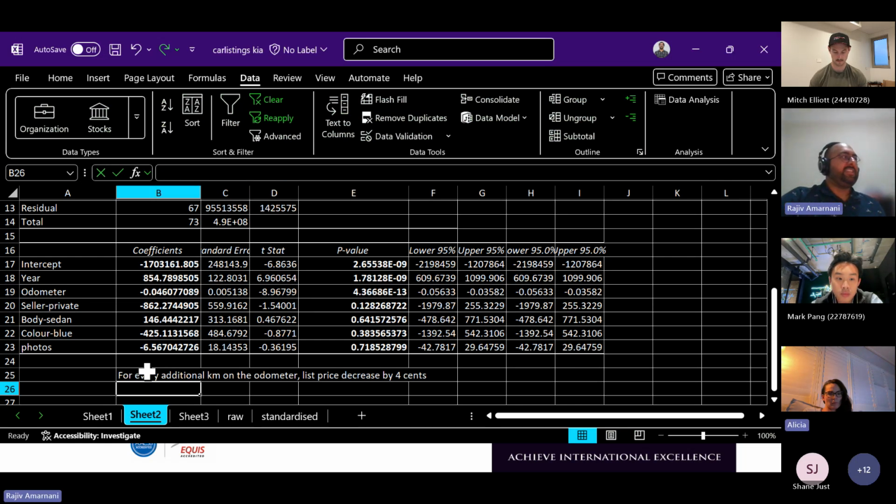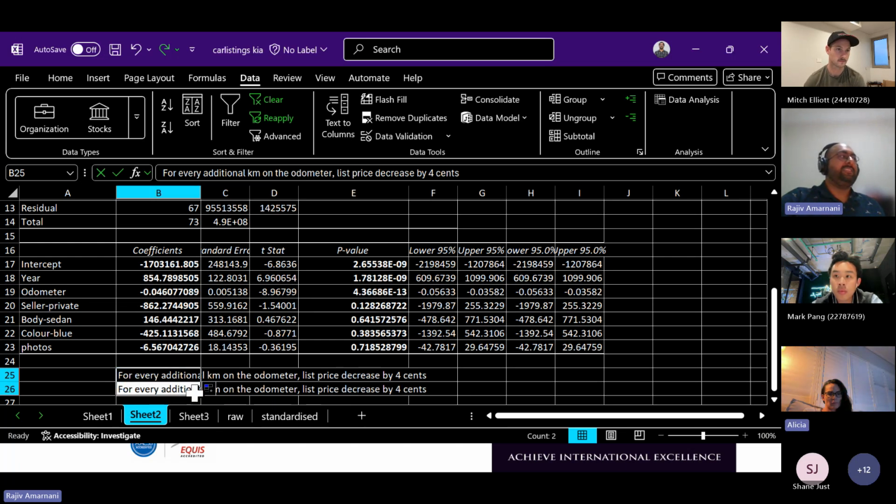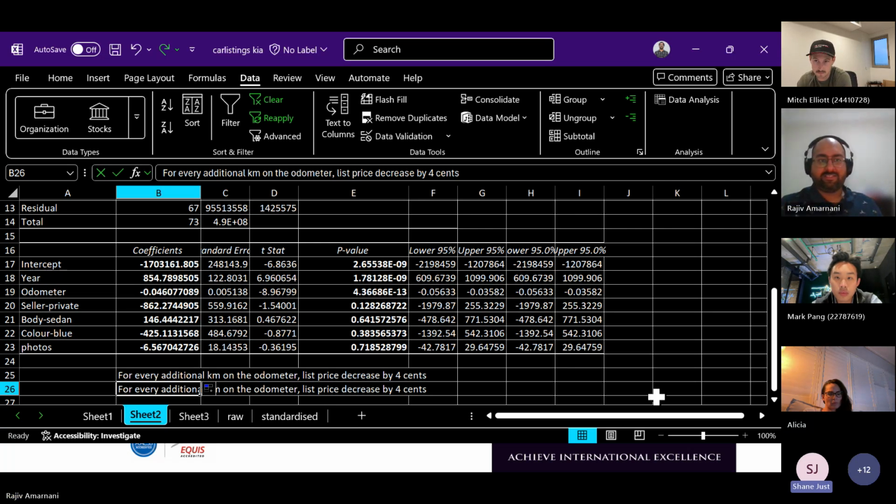This is a very awkward way to put this. Can anyone think of a more intuitive way to restate this finding? For every additional kilometer on the odometer, list price decreases by 4 cents. Yeah. The further you drive, the less value your car is worth. That is true.